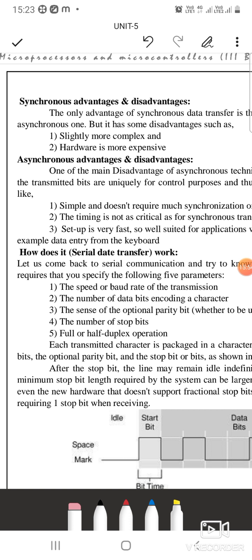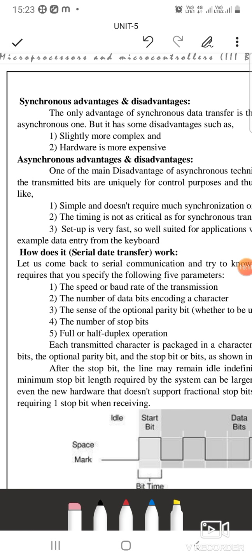As you use a clock signal, you need to synchronize the transmitter and receiver properly to assure correct reception and transmission. That makes it complex and the hardware expensive.